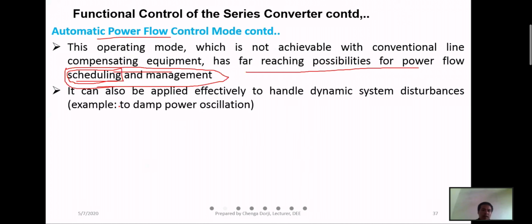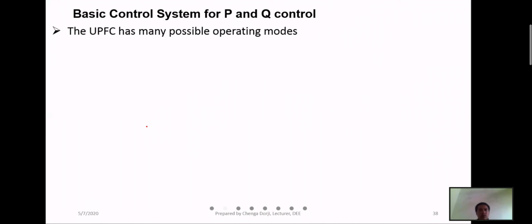It can also be used effectively to handle dynamic system disturbances, for example to damp out power oscillations. Now from here you can have a basic control system for P and Q control, active and reactive power. UPFC has many possible operating modes.